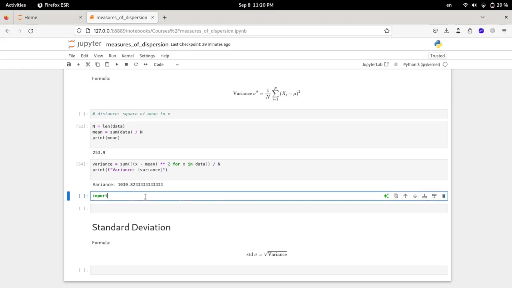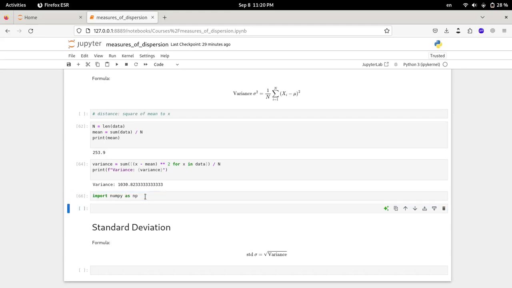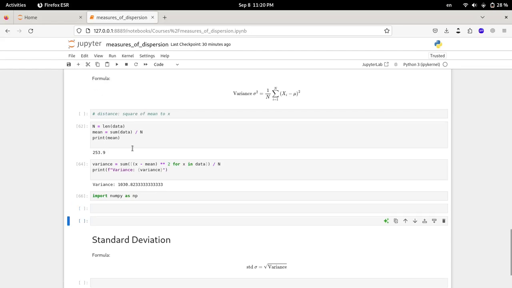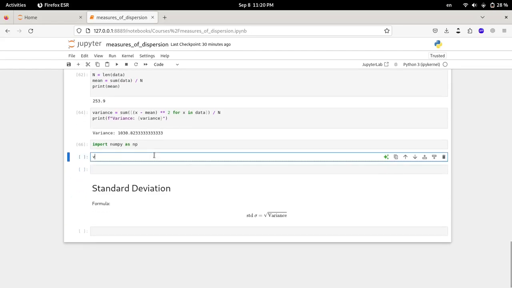And if we want to recheck the result using numpy, we can use the np.var function.